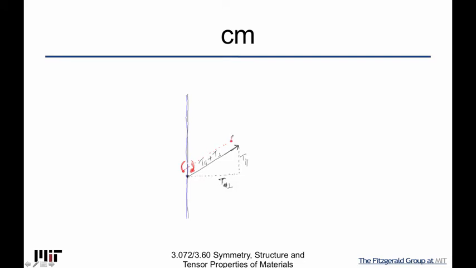So that would look like this. And so the axis that is forming the glide plane, the line, the plane of that glide is represented here.